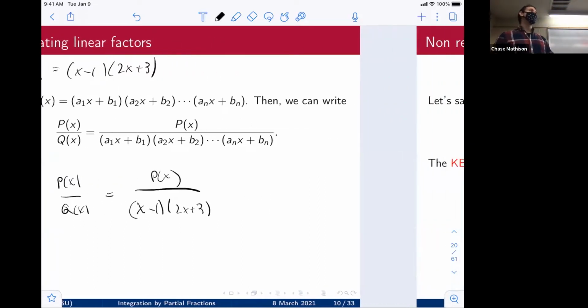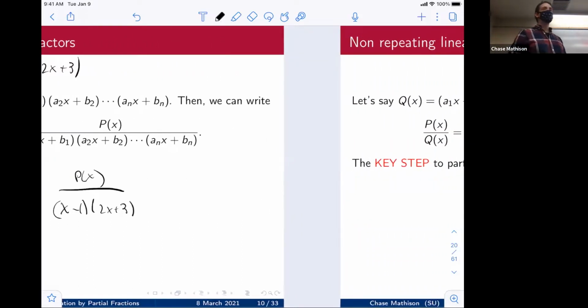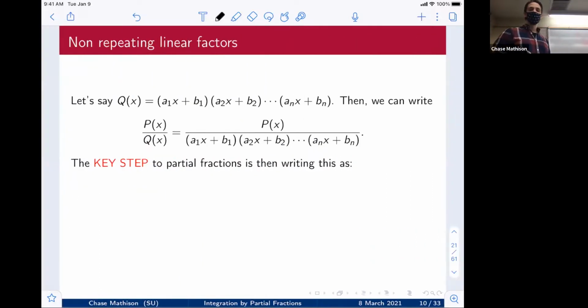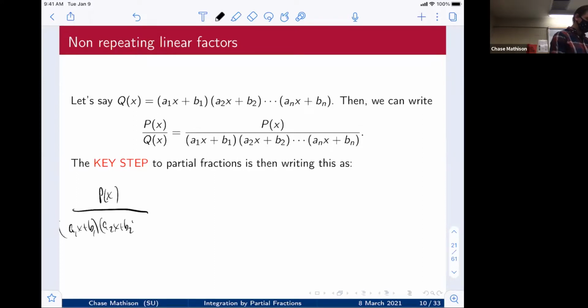Now, the key step in finding a partial fraction decomposition is to make a guess. I'm going to guess that I can write P of X over all of that as P of X over (A1X plus B1) times (A2X plus B2) times (ANX plus BN).